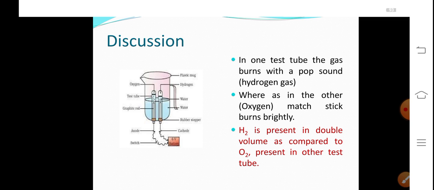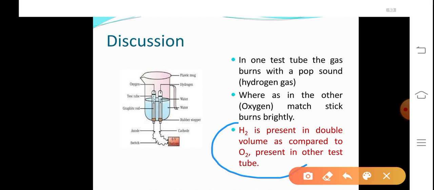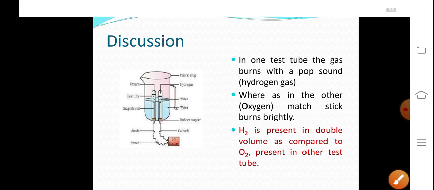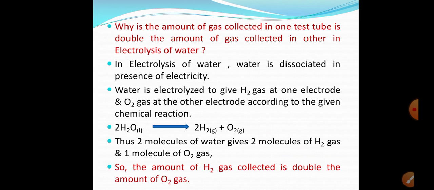Now, let us look at the volume of the gas observed. Hydrogen is present in double volume as compared to oxygen. Now, what is the reason behind this? Why is the amount of gas collected in one test tube double the amount of gas collected in the other test tube during the electrolysis of water?